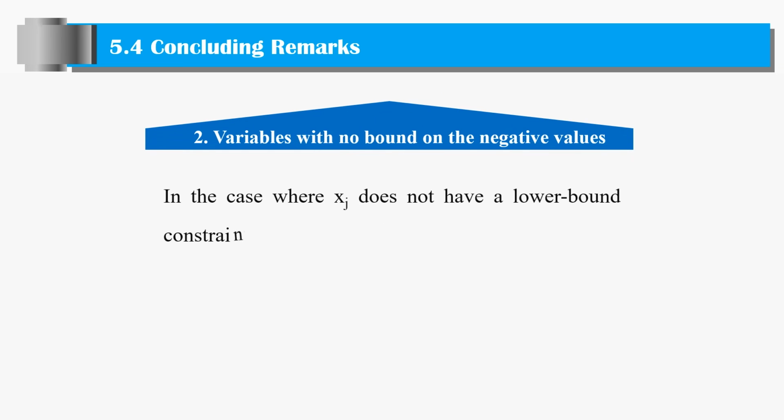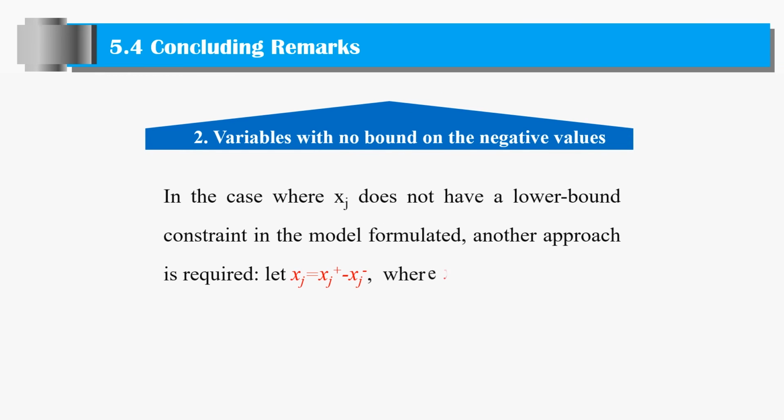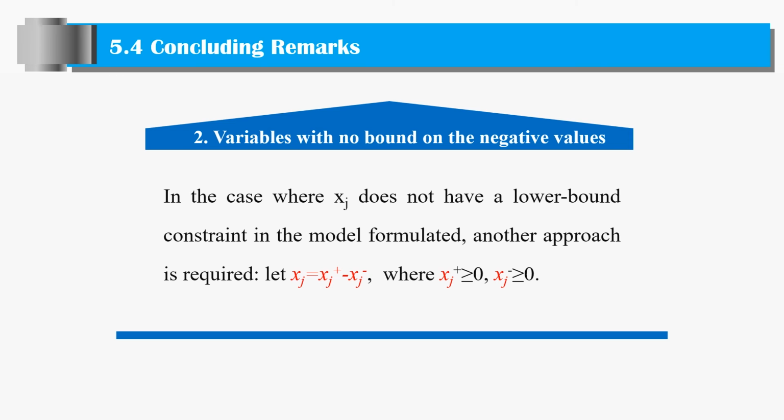Second, if our variable has no lower bound on the negative values, we cannot use the method as before. But in this case, we can simply rewrite our xj as xj plus minus xj minus, two parts, where both parts are non-negative.